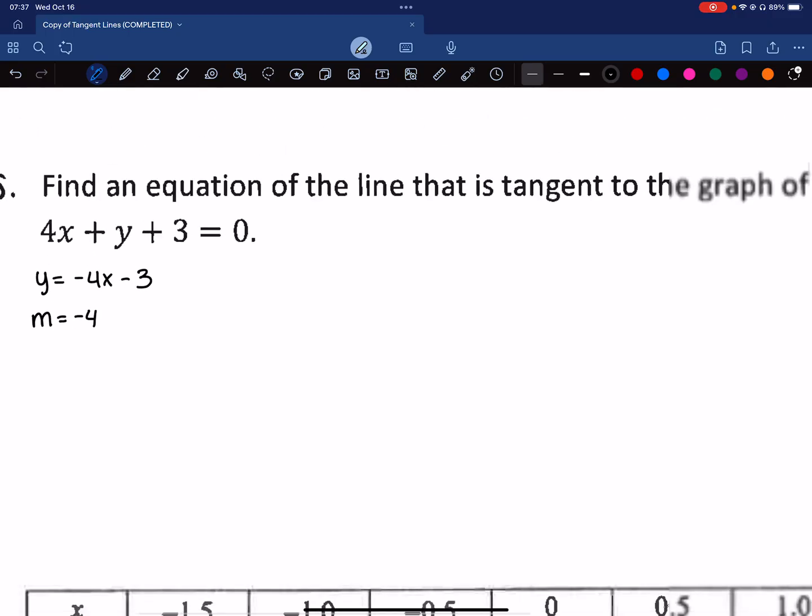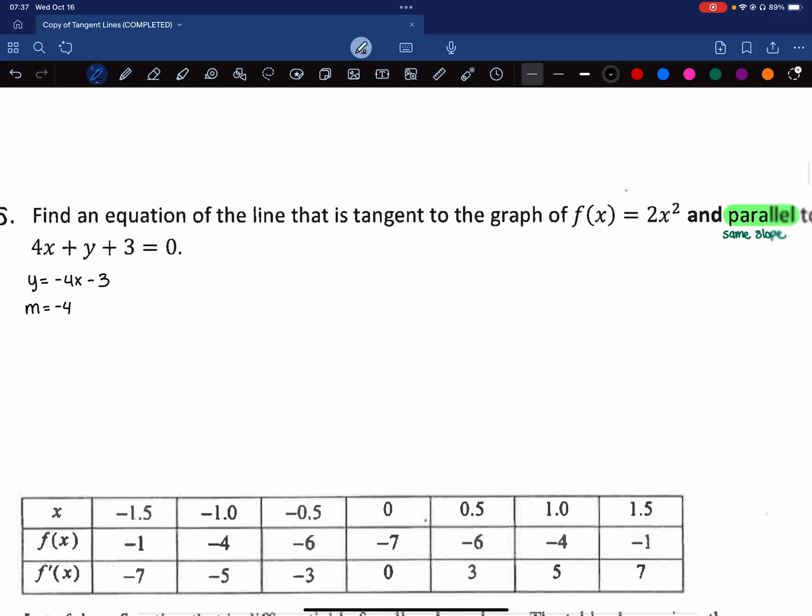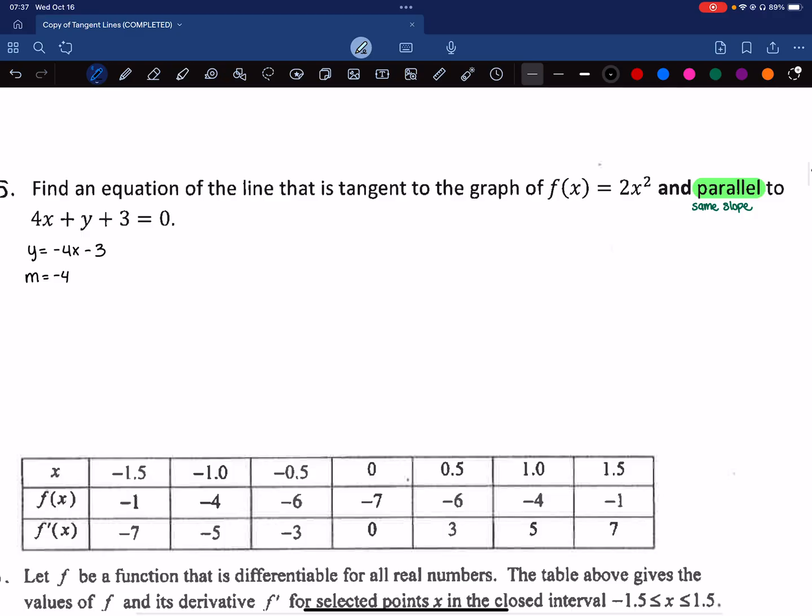Okay. Well, for the slope of the tangent line, we want it to be parallel to that. So whenever we have our point and our slope, then we know that the slope is going to be negative 4. Okay, so now we just need to find the point.